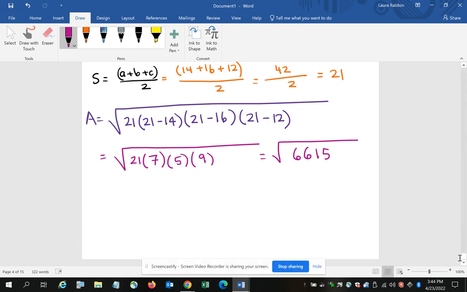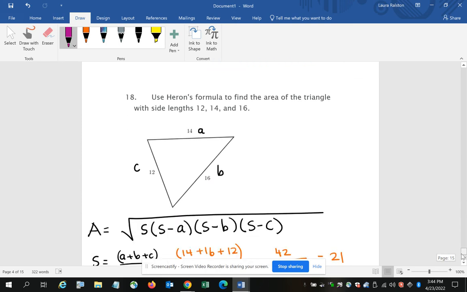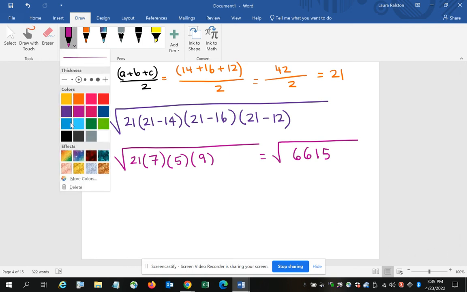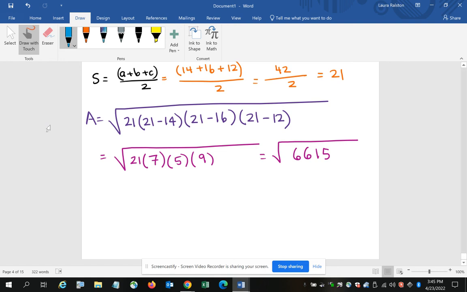Okay, what did this say about rounding? It does not. Okay, so then we may want to try to simplify our radical if possible. It may be that the answer is given in decimals. Let's see, 6,615 is 5 times 1323, and that is 9 times 147.